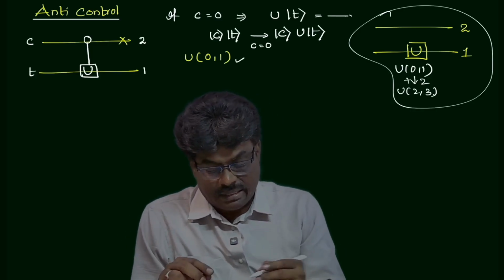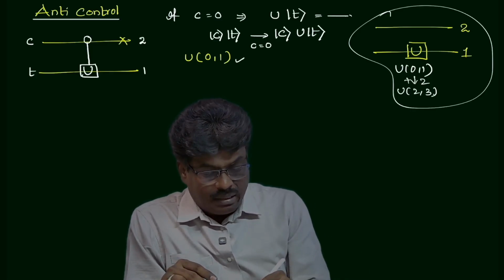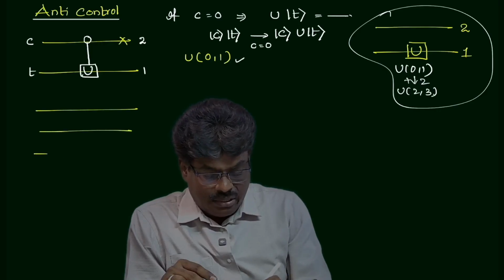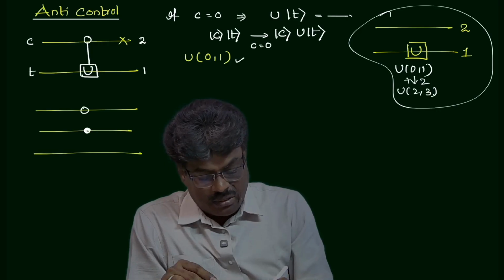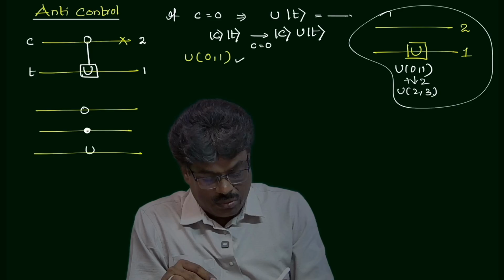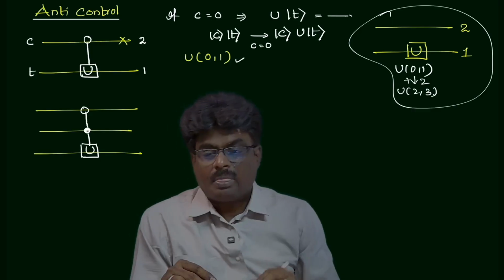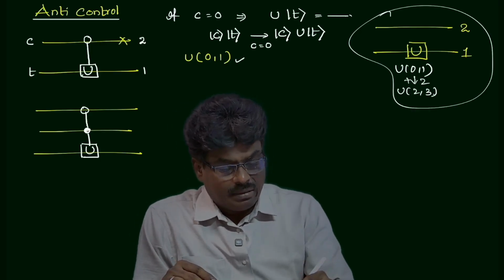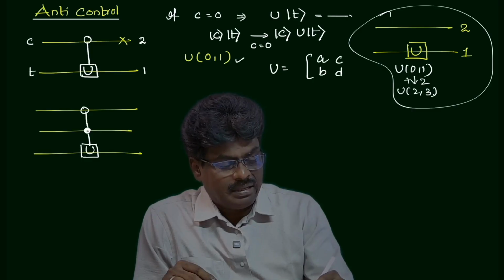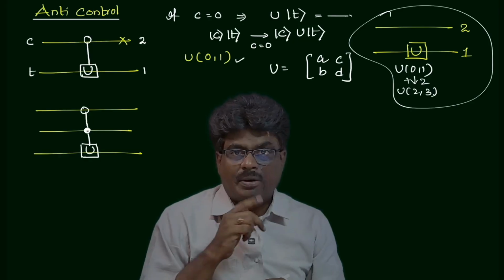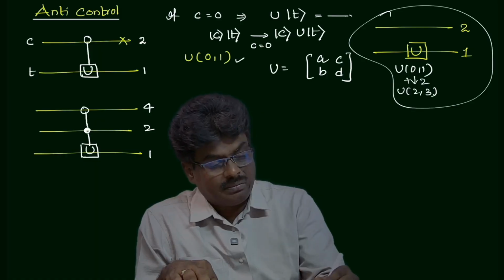Now let us take some examples. Here I have these 3 qubit states. Now I'm taking anti-control, control, and this is U, something like this. It may be a single qubit gate operator. You can take A, B, C, D like this, a unitary operator. So here I have 1, 2, 4.